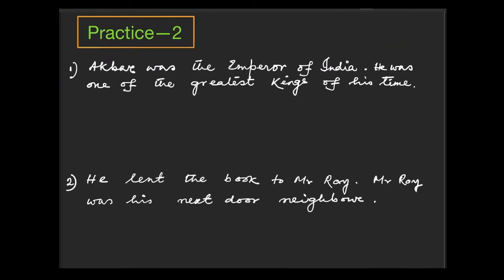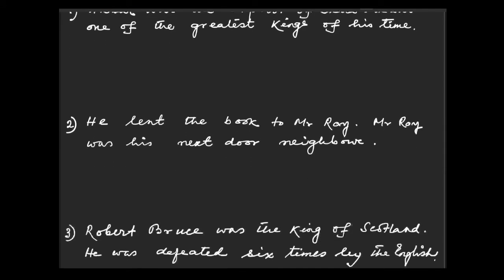See this part. First one: Akbar was the emperor of India. He was one of the greatest kings of his time. Number 2: He lent the book to Mr. Roy. Mr. Roy was his next door neighbor.